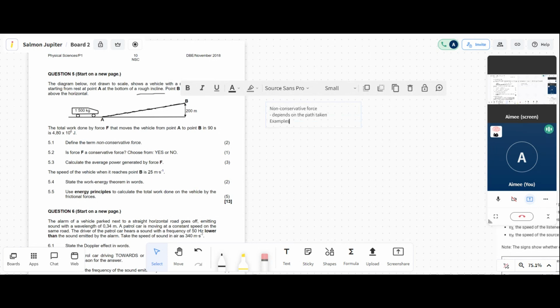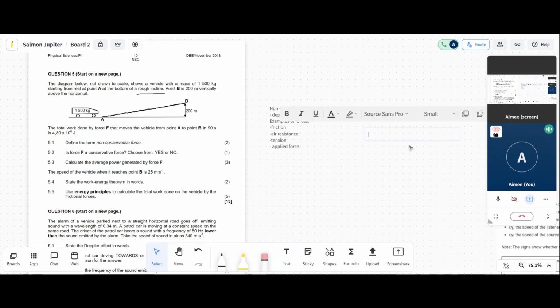And examples of forces that fall under this category are friction, air resistance, tension, and any type of applied force. Okay?